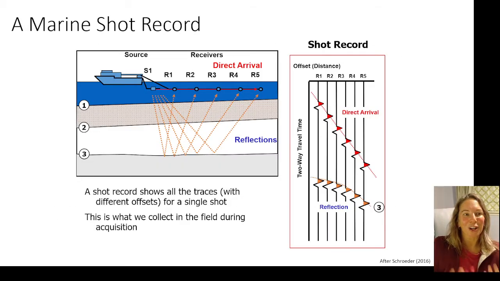All right, so we start off with our marine shot record. I just talked about seismic acquisition. Our original shot record is shown here, and what you can see is that we've got our receivers. For our shot record, we can see the direct arrival and we can see the reflection.